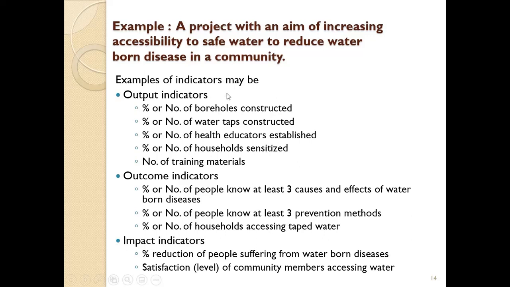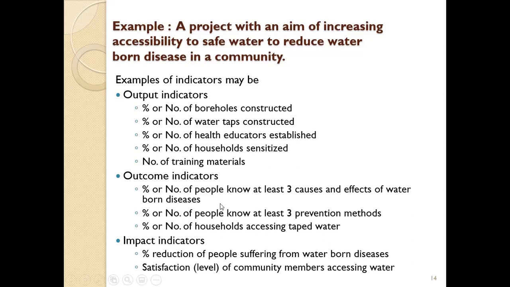Examples of indicators at output level may be the number or percentage of boreholes constructed, or the number or percentage of water taps constructed, or the number or percentage of health educators established to educate people on how they can maintain or use safe water, and so on.